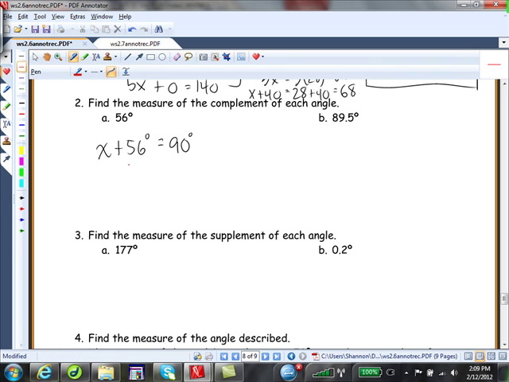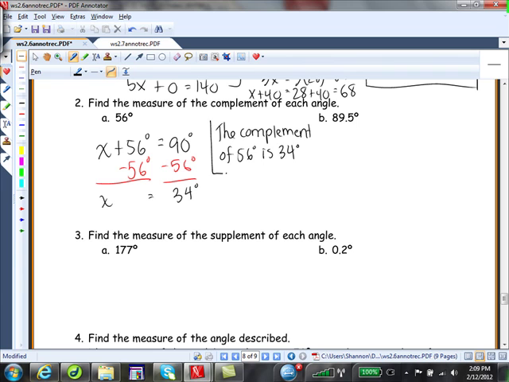So if we were to subtract, we'll just leave the units in this time, we would get x is equal to 34 degrees. So the complement of 56 degrees is 34 degrees.